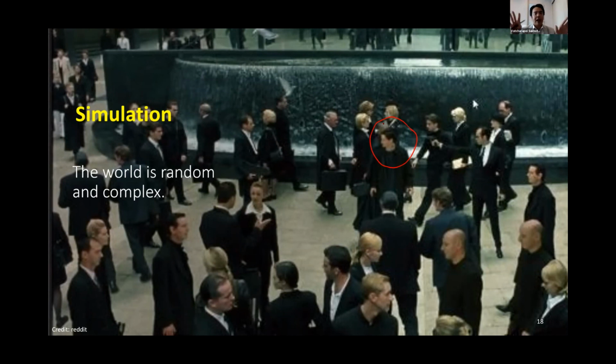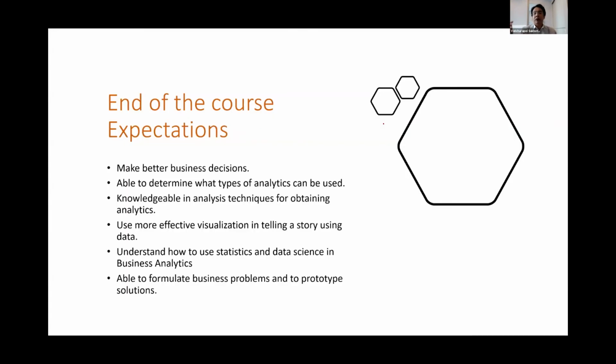Those are the three areas that we cover in this course. So at the end of the course, what do you expect? I would expect that ultimately you make better business decisions. Along with that, you'll be able to determine what types of analytics can be used to make such decisions.